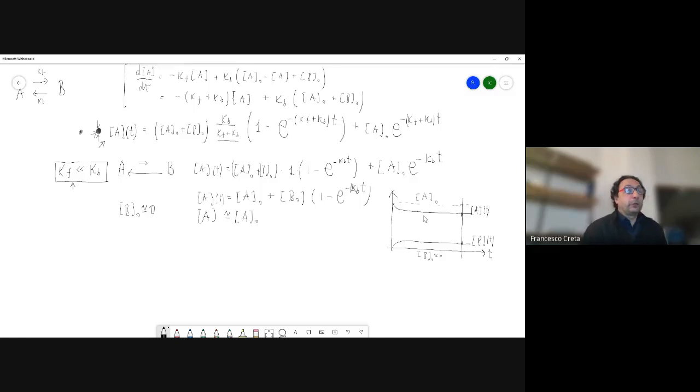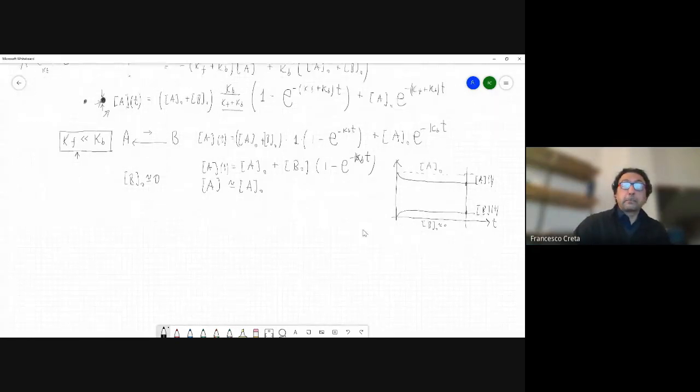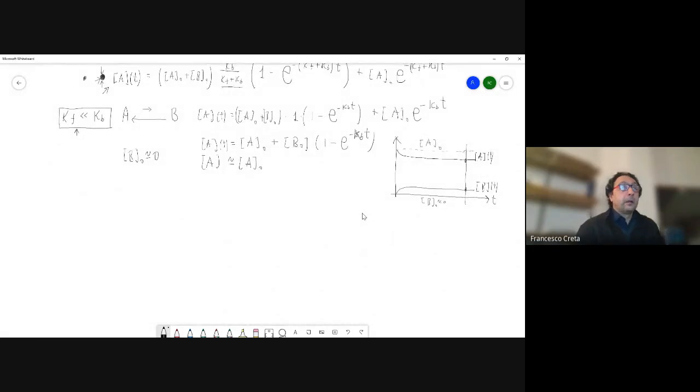Now, obviously, you can do exactly the opposite, and think of KF being much larger than KB, the forward process being faster.